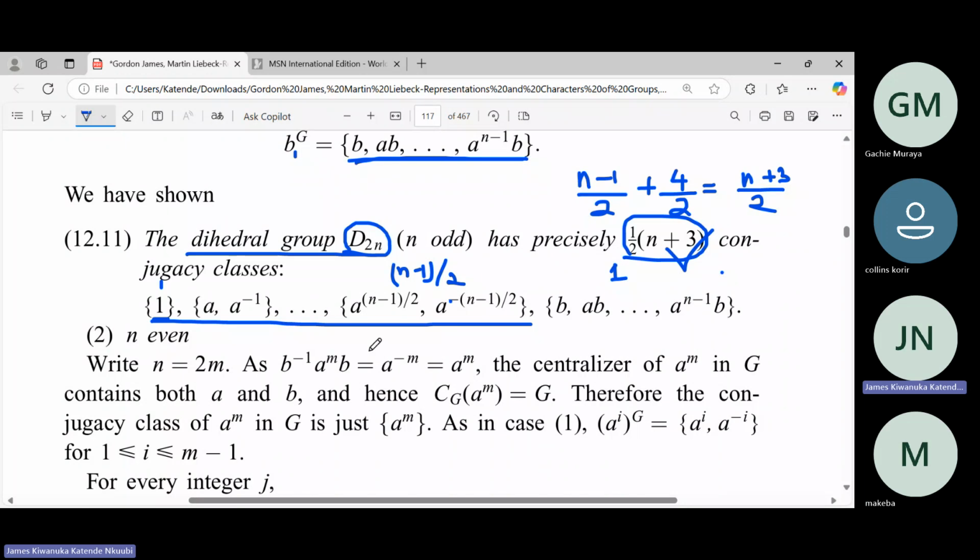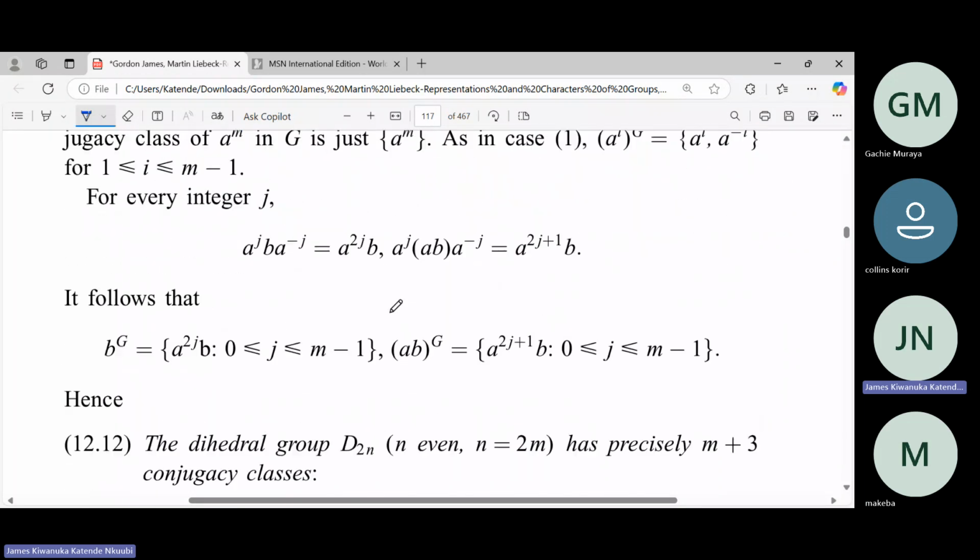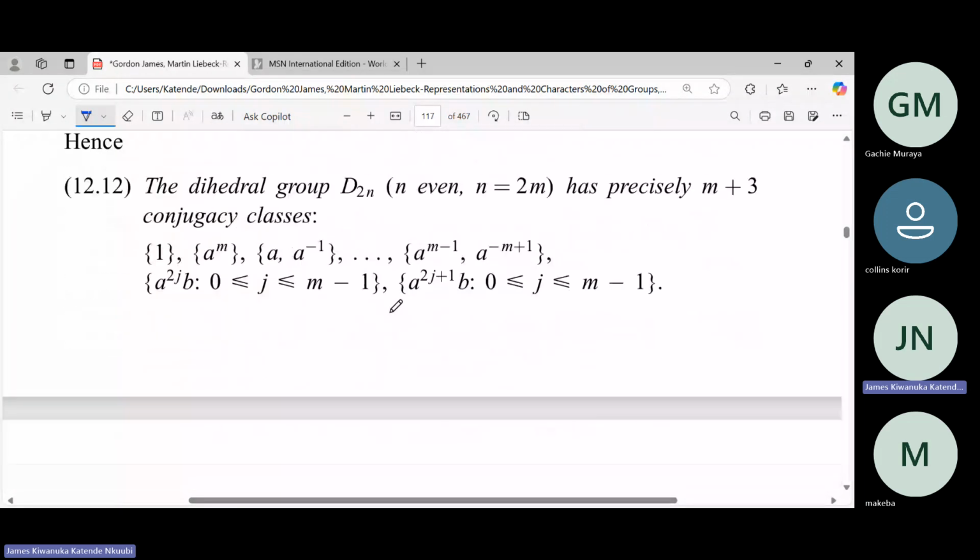So if n is even, the arguments are similar. So I will skip the arguments. You will read them on your own. But here again, the pairs will work. The only issue is that since n is even, you can write it as 2m.